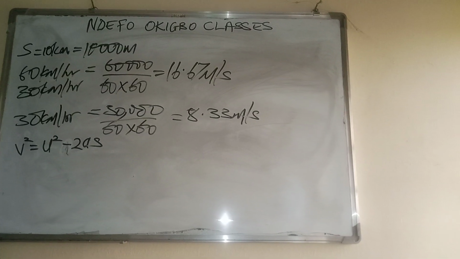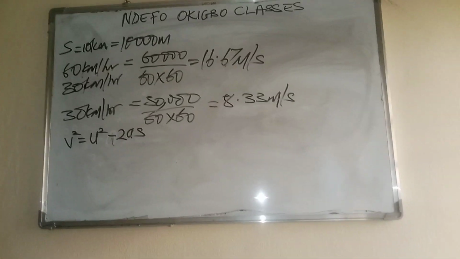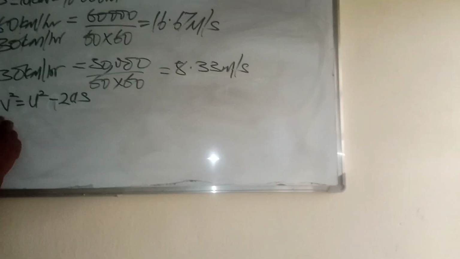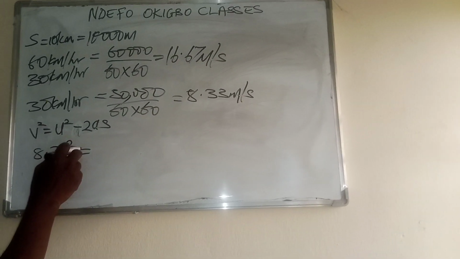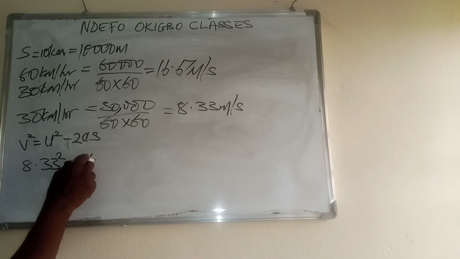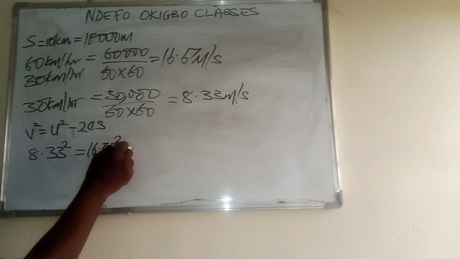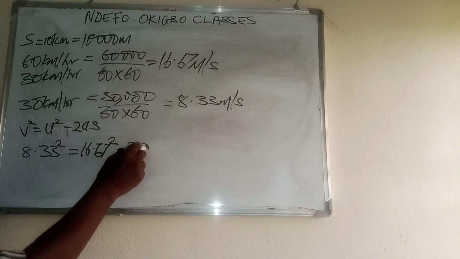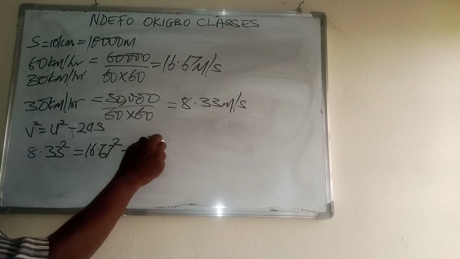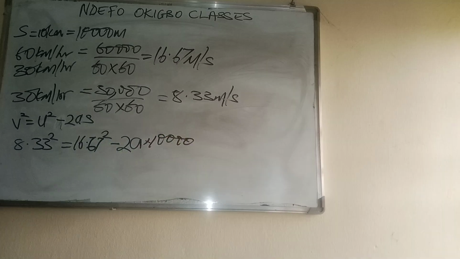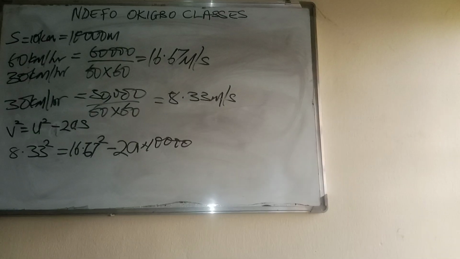So V squared, that is the last velocity, 8.33 squared, is equal to the previous velocity 16.67 squared minus 2a, where a is what I'm looking for, and the distance is 10,000 meters.